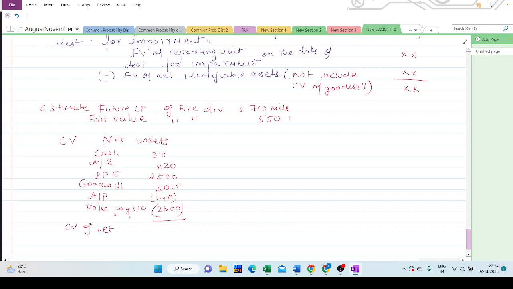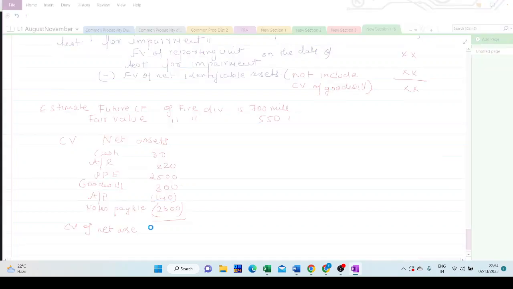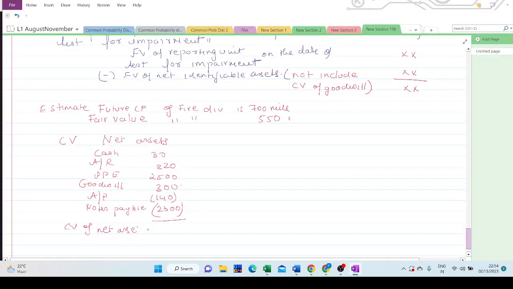Carrying value of net assets of fire division is 610. ठीक है. Now fair value is 550, right? Fair value is 550. So carrying value. Now we are checking for goodwill impairment in US GAAP. ठीक है ना? So it's a two-step approach. First step is to check for impairment.